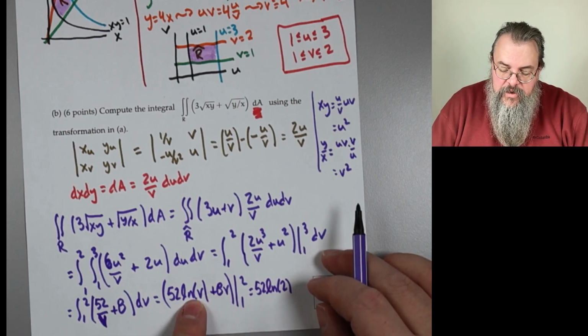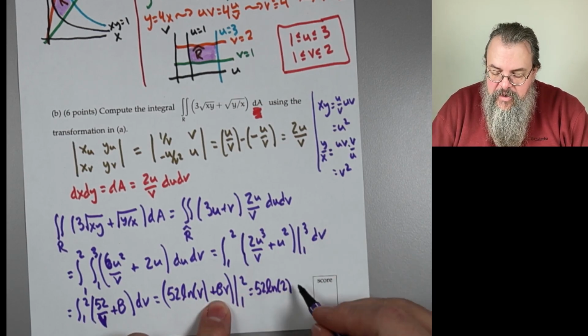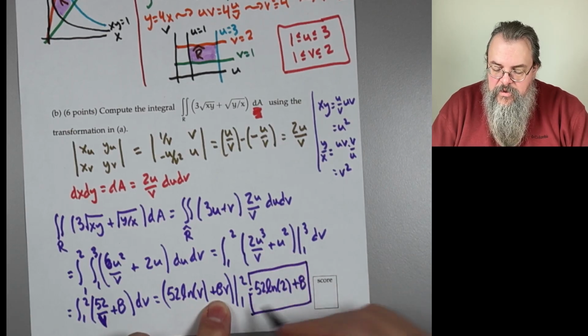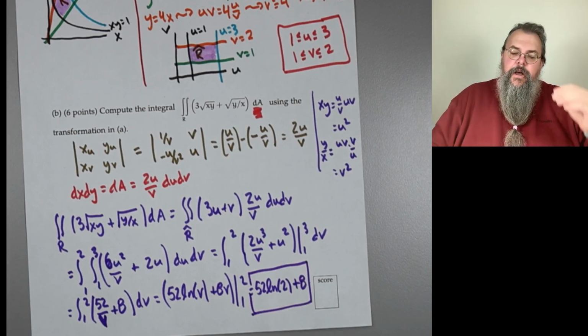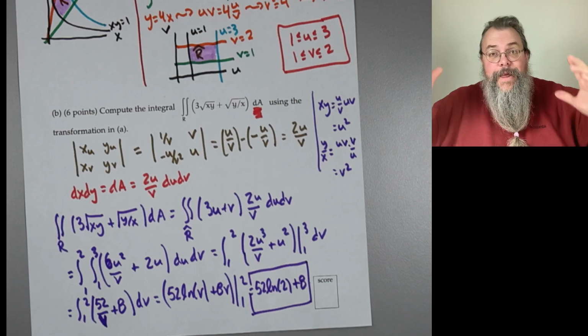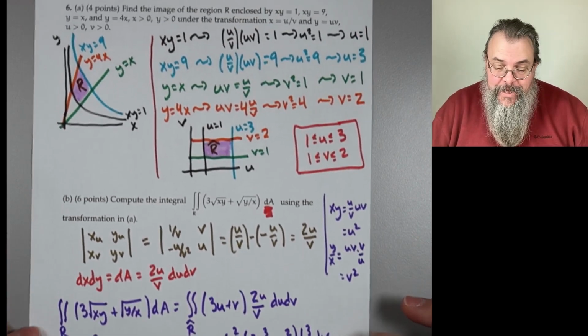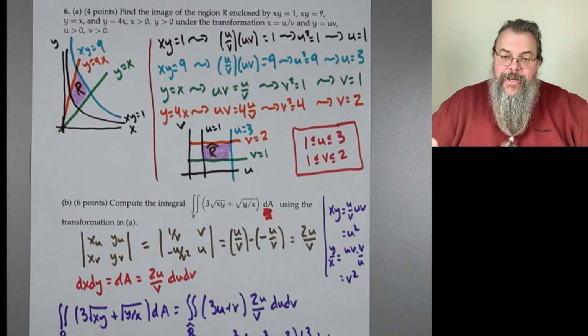Log of 1 is 0, and 8. So it's 16 minus 8, which is plus 8. So 52 log 2 plus 8. I was running out of space, so I squeezed it all in. Whew, that one's a workout. These change of variable ones can definitely be a workout, but it's good that we made it through to the end.